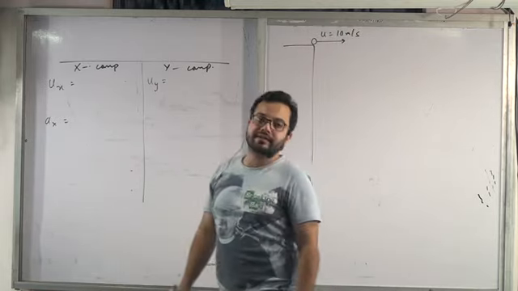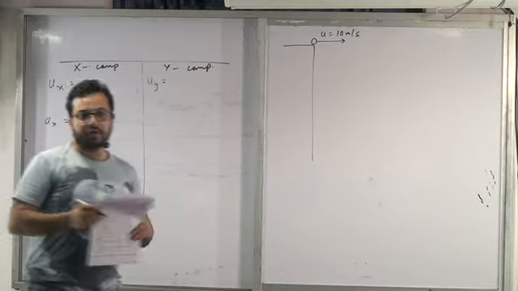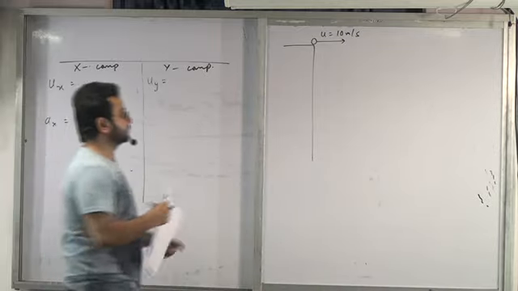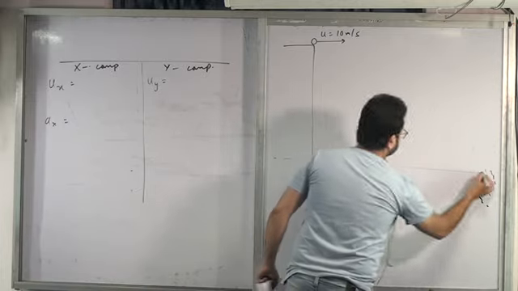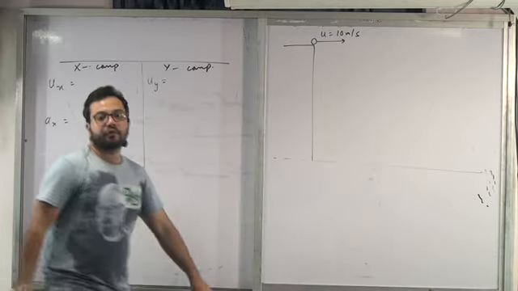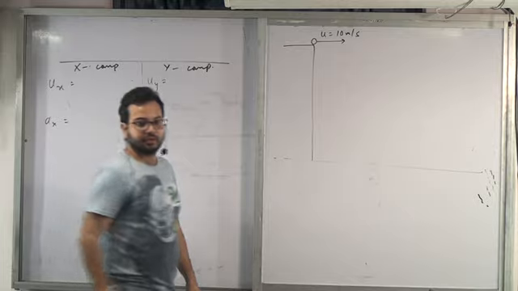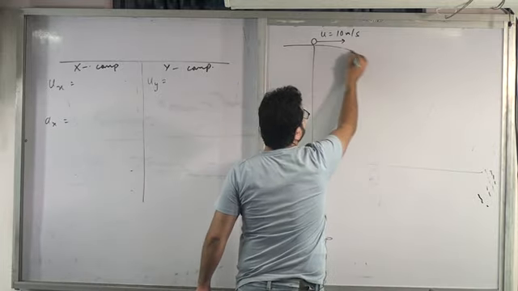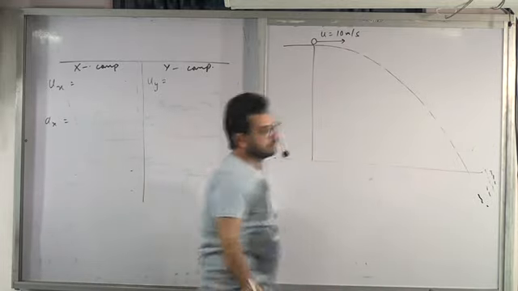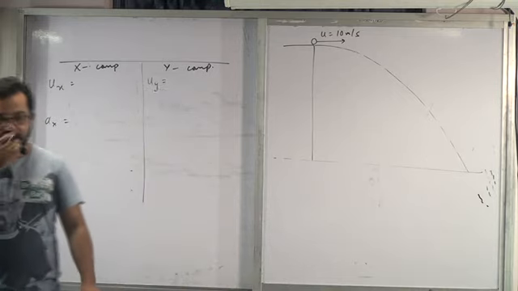You can take g as 10 meter per second square. All right. So how is it going to fall? Something like this. Is that right?